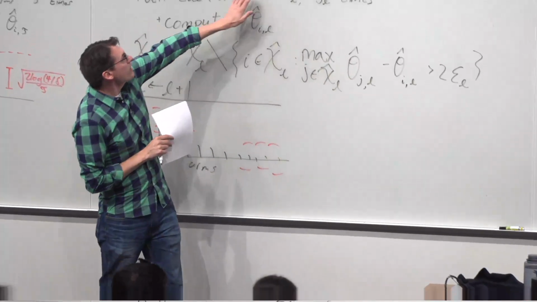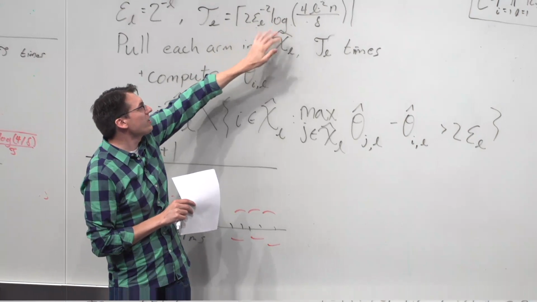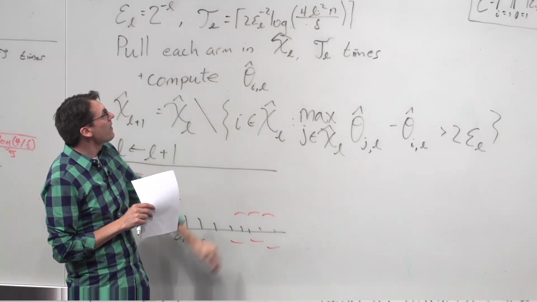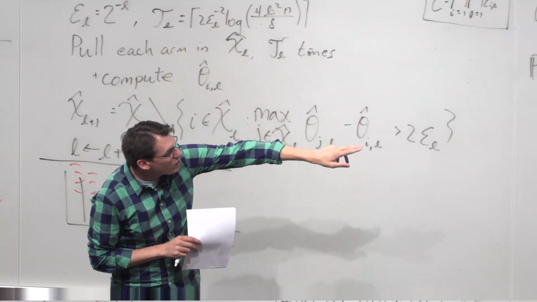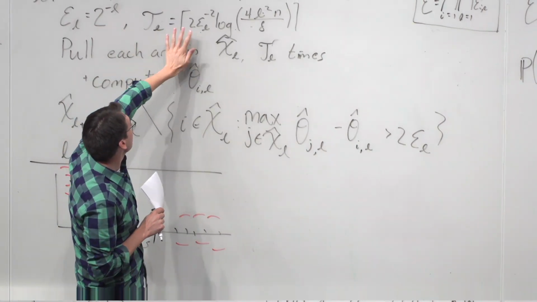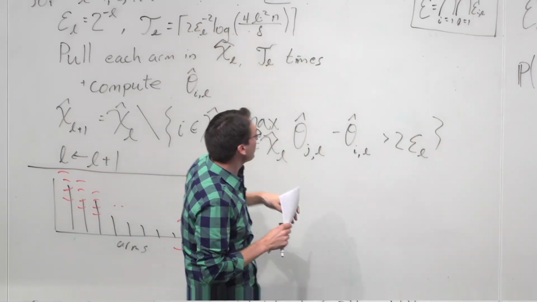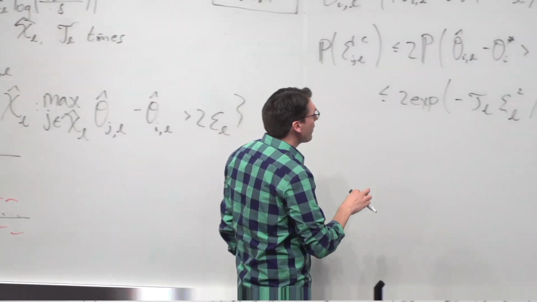Since tau L is defined as the ceiling, it's at least what's inside the ceiling. And so when I have an epsilon L squared times tau L, these things are going to cancel, and I'll just be left with 2 log 4L squared n over delta.